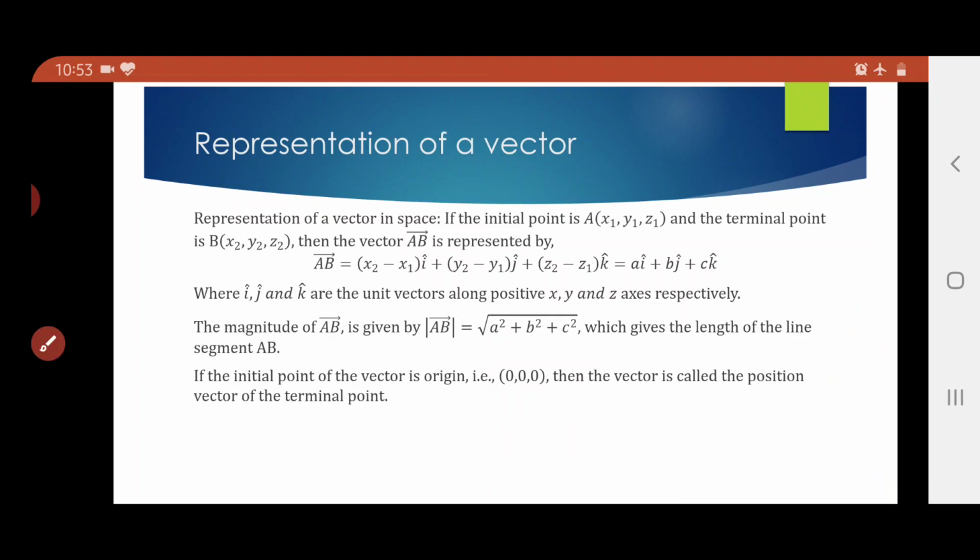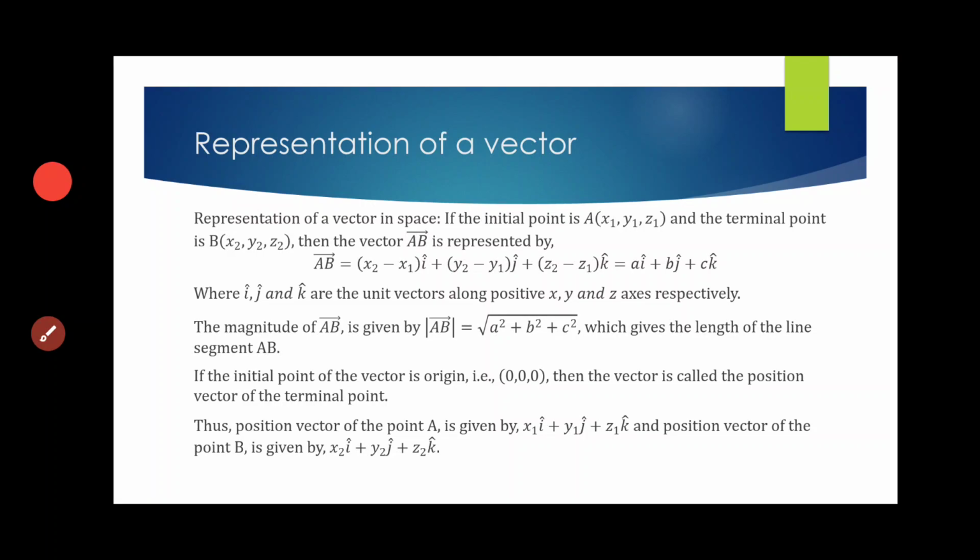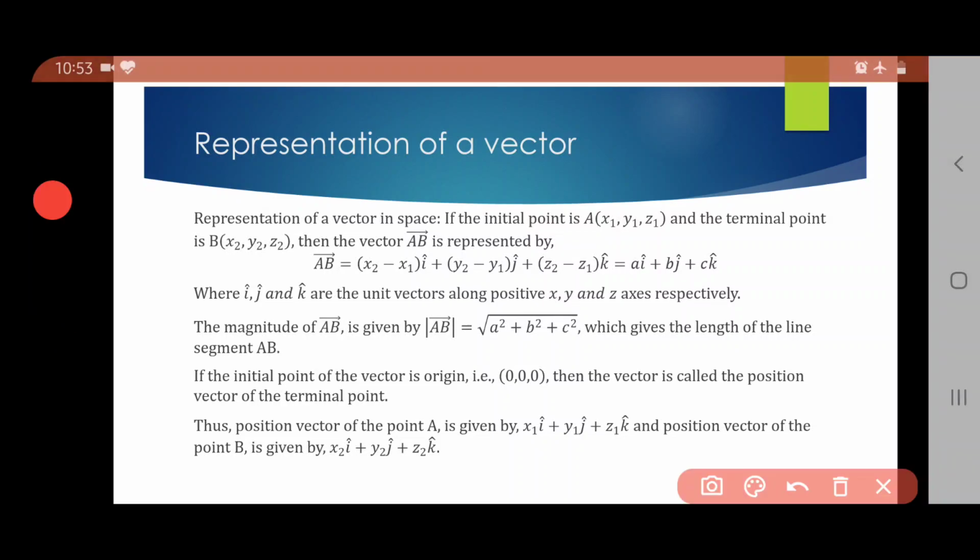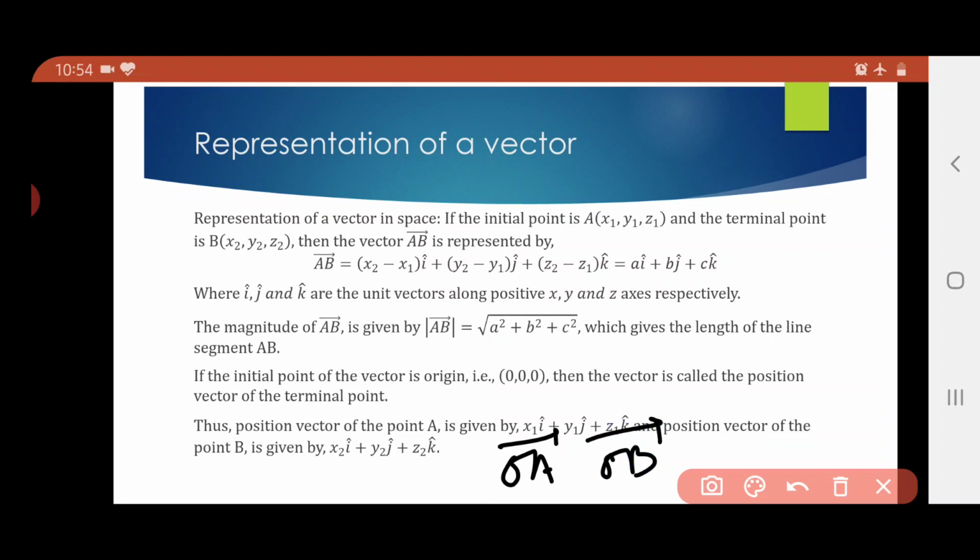So now for example, if I want to find the position vector of A, I am actually trying to find the vector OA, with O being the initial point and A being the terminal point. And similarly the position vector of B is the vector OB, initial point being O and terminal point being B. Now if we follow this definition, x1, y1, z1 are all 0.